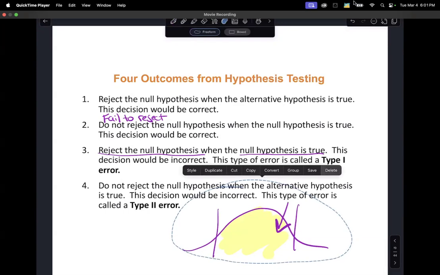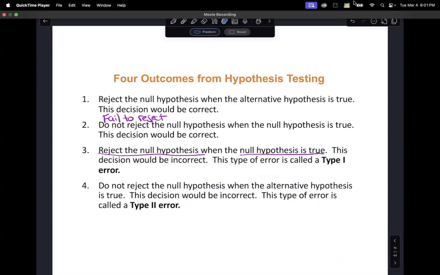Let me erase that. So now the opposite. If I have evidence to support the alternative hypothesis, but I don't reject the null hypothesis, that's a type 2 error. So it's the opposite. Once again, let me draw my picture.